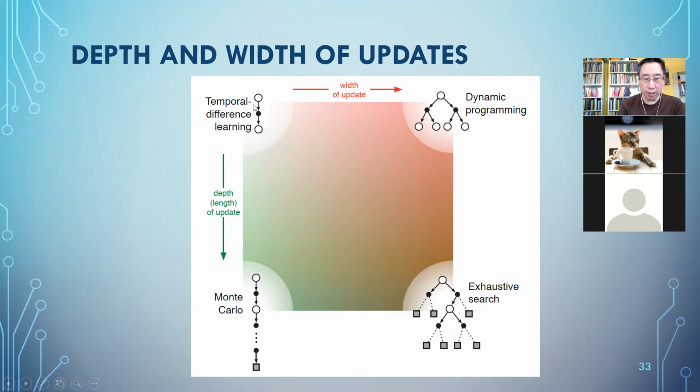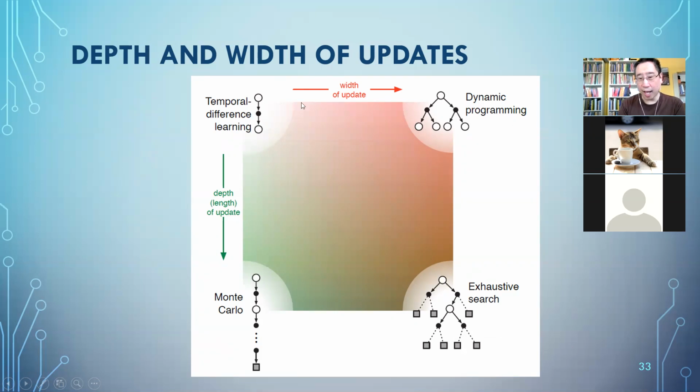So along this left-hand edge of the square are a number of TD algorithms: two-step, three-step, n-step TD, until you get to basically infinite-step TD, that's the Monte Carlo algorithm, where you go to the end of the episode and then you back up all of the states and actions along the way that you saw. So that's the depth dimension.